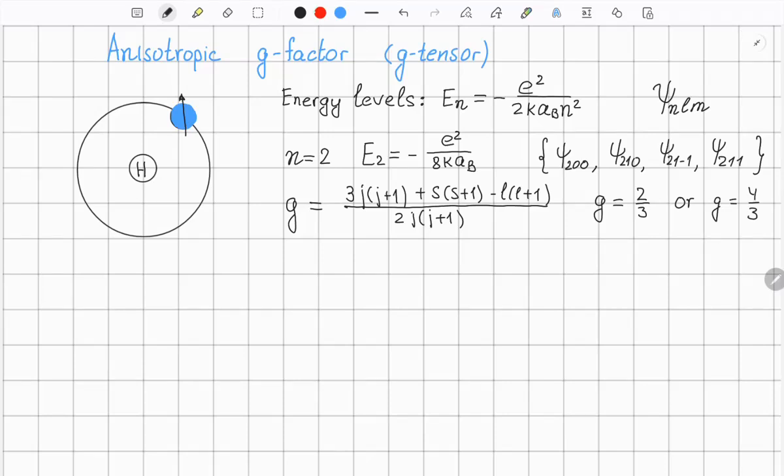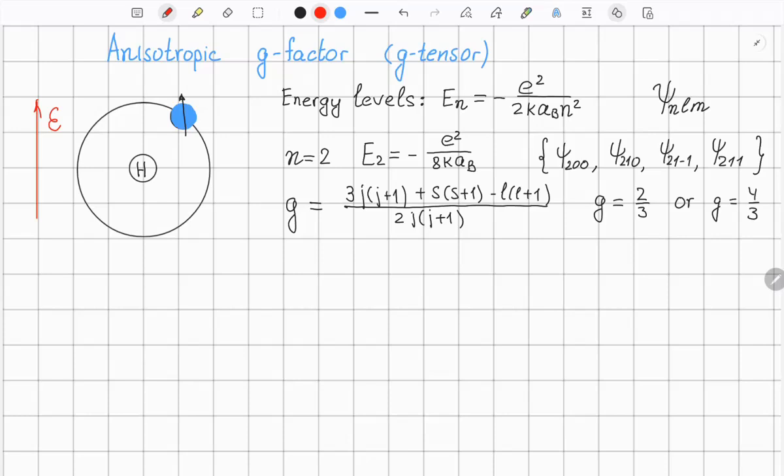We now aim to determine the observed value of the g factor when the symmetry of the interaction is broken. To investigate this, we place the atom in a strong electric field of strength E. As is well known, such a field induces the Stark effect, which partially lifts the degeneracy of the energy level corresponding to the quantum number n equal 2.